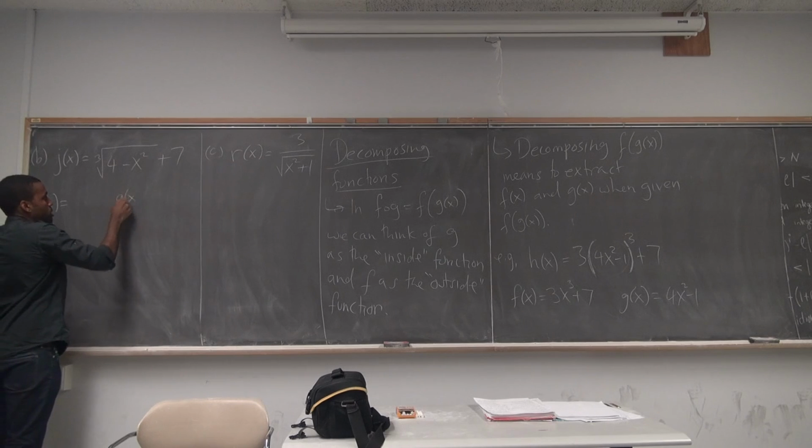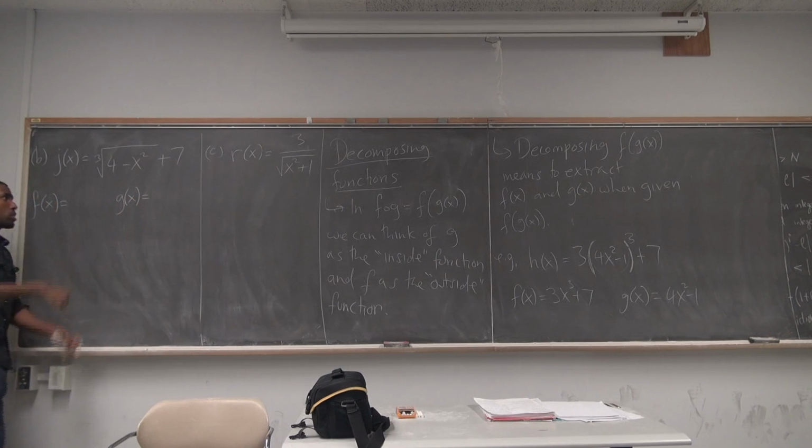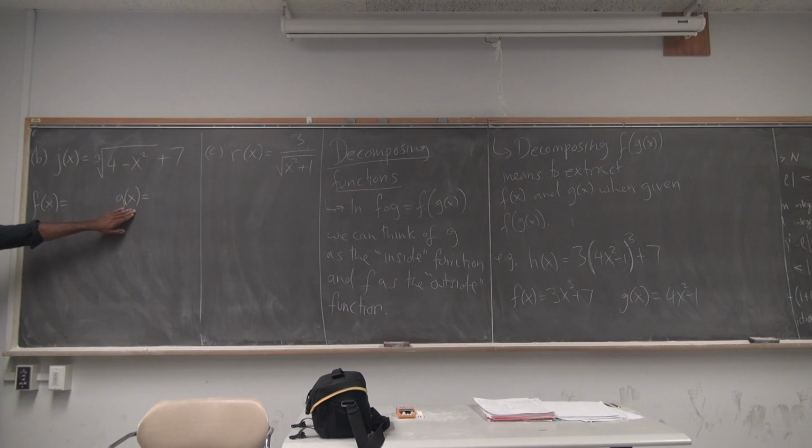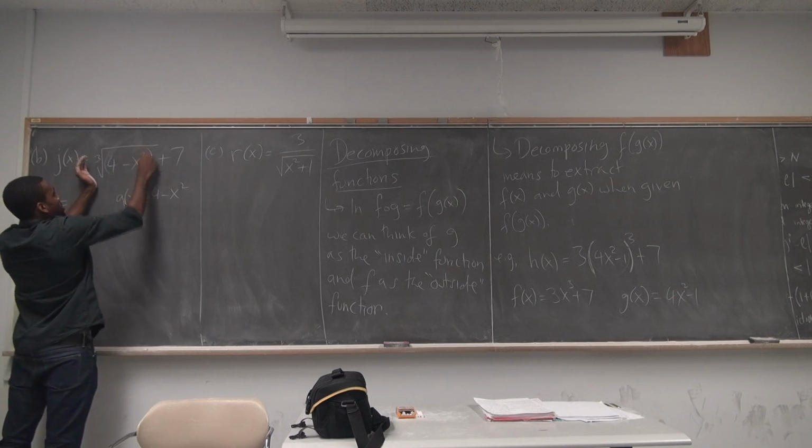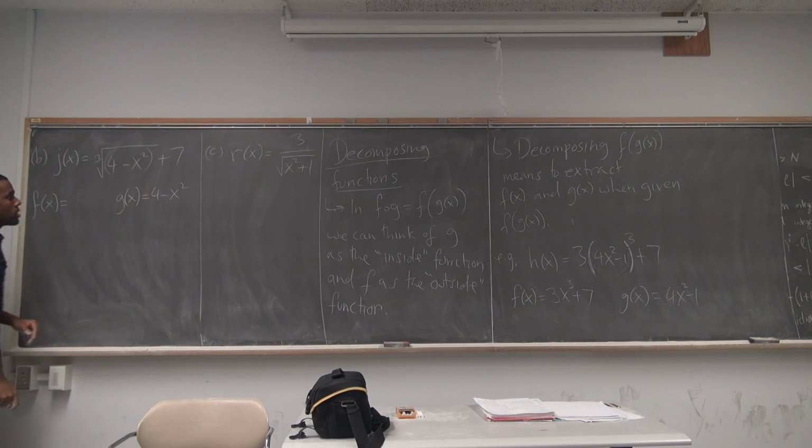Sometimes it's easier to identify the inside function first and then work backwards to the outside. So which is the inside function here? g is 4 minus x squared, because that's the part that's inside of something. It's inside of a cube root, right? So what would the f be? Cube root of x plus 7.